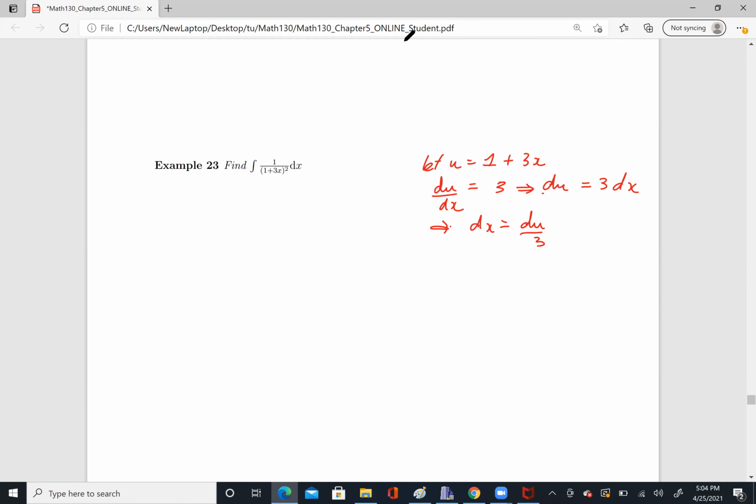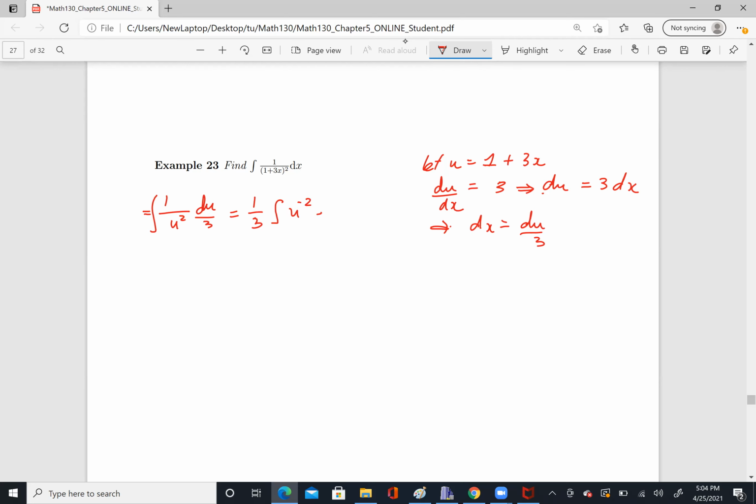Okay, so now substitute. The integral is equal to 1 over u squared du over 3. I can move out 1/3. And now 1 over u squared can be written as u to the power -2 du.